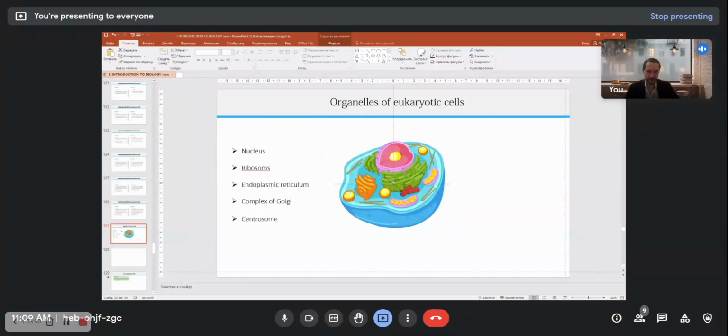Centrosome, this structure is necessary for mitosis, for cell division. It is used to construct special tubules that will be used in transport of genetic information inside of the cell.